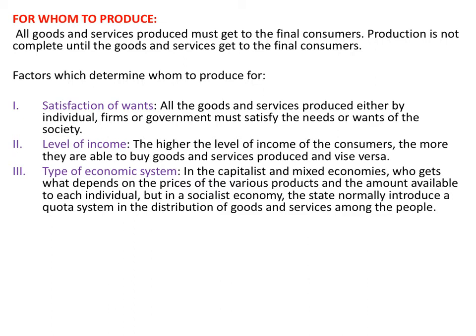But in a socialist economy, the state normally introduces a quota system in the distribution of goods and services among the people. So you can see from this that there are 3 different types of economic system: the capitalist economy, the mixed economy, and the socialist economy. We will discuss that fully in the next topic.